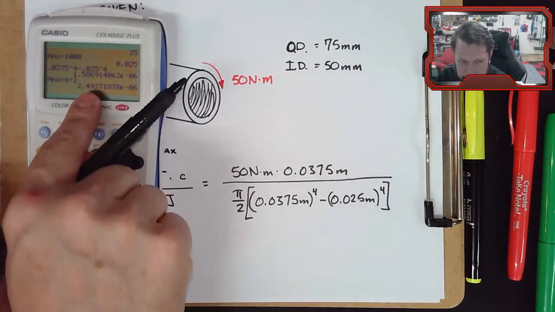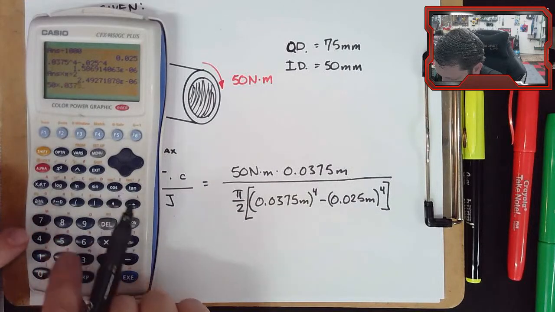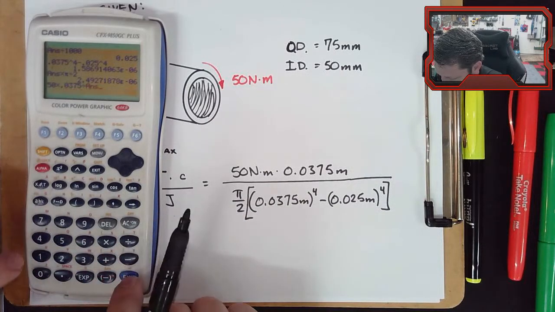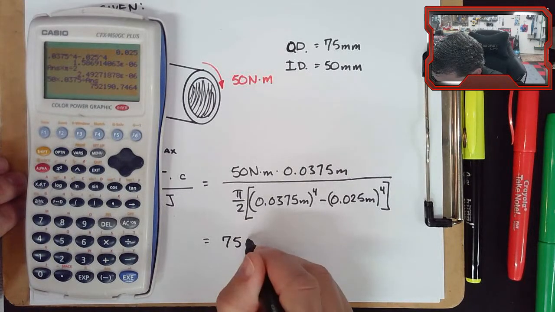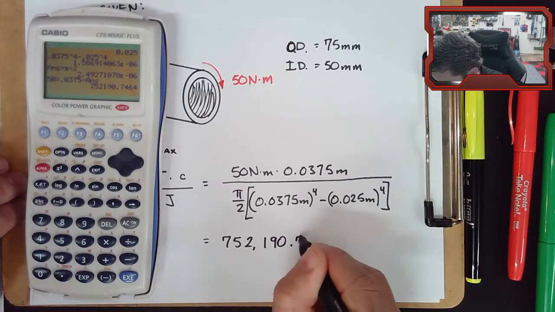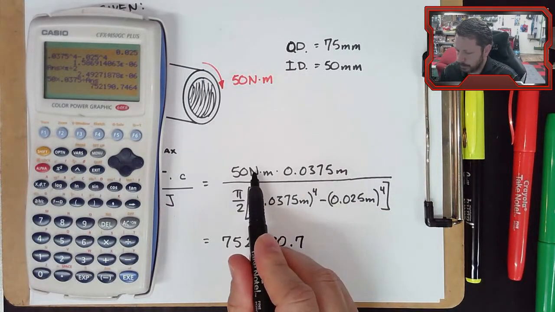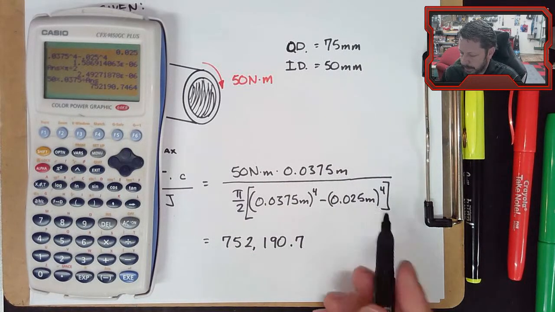So let's see, 0.0375 to the 4th minus 0.025 to the 4th times pi over 2. All right, that's our denominator. 50 times 0.0375 divided by that denominator is 752,190.7. Units: we have Newton meter squared in the numerator, meters to the 4th in the denominator.